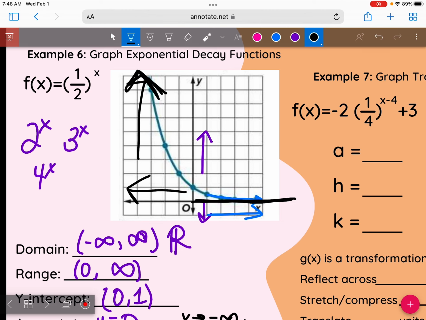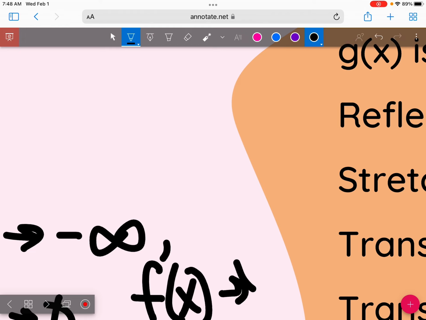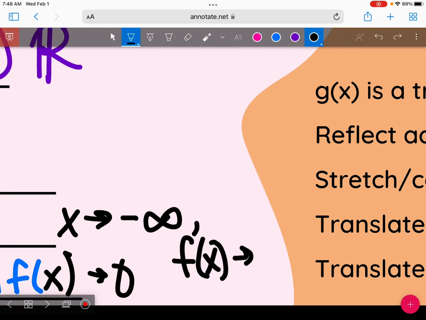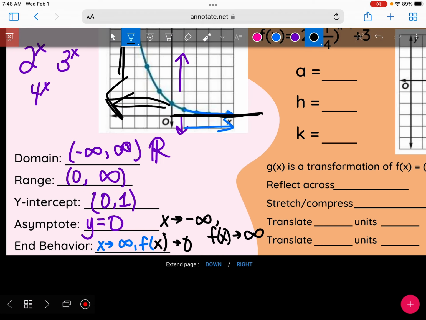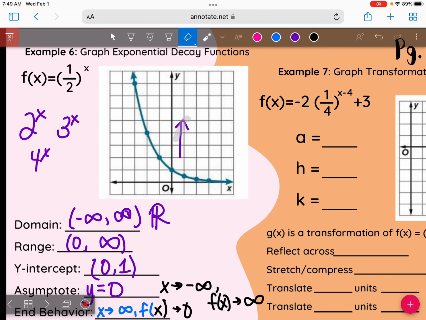Do you see that? As x continues on towards negative infinity, y is going to continue reaching towards positive infinity. Okay? Everyone feel okay about this? You're gonna have more practice in your homework.